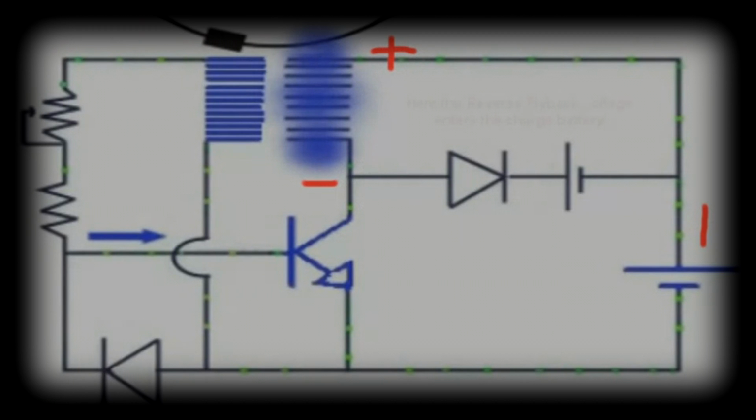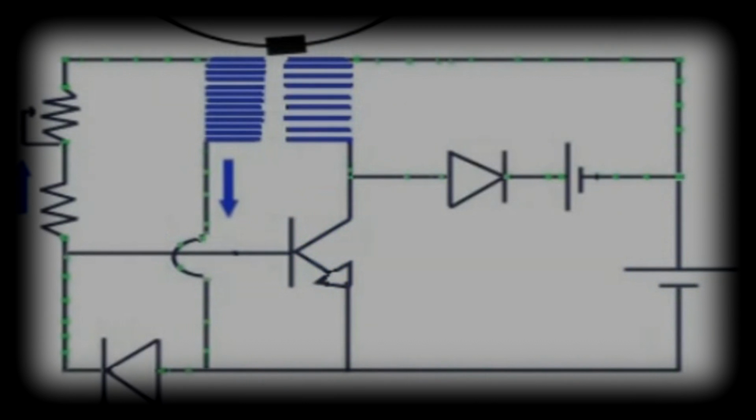Okay? And then the charge cycle is over. This plus flips polarity and this minus flips polarity. That's the flyback. And that means that this becomes a minus up here and this becomes a plus down here.